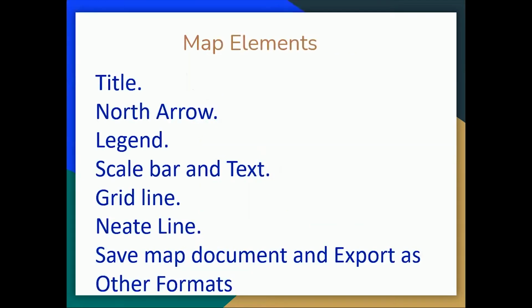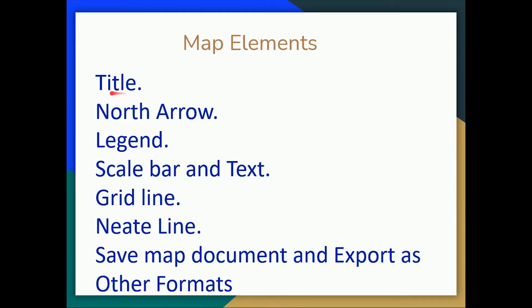Let's go into our topics. We have to add elements for the map. Those items we call map elements. In our map, we should have a title. The title must have descriptions about what is described in the map.